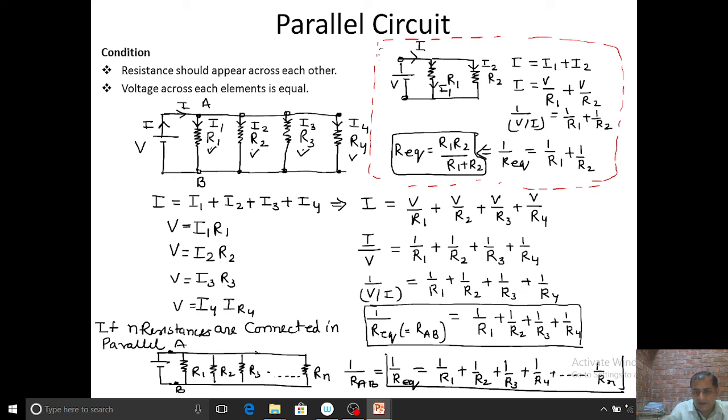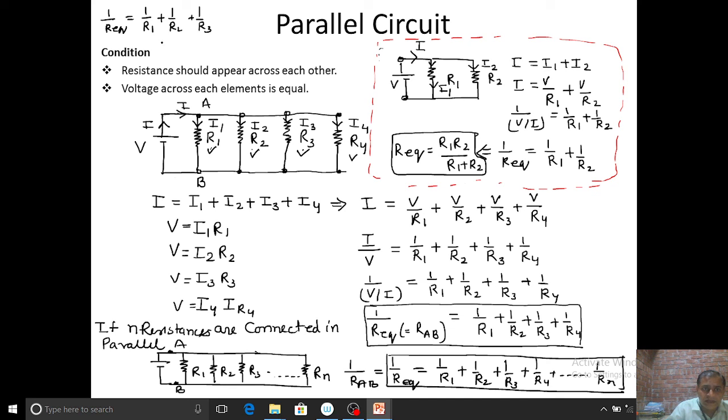If n resistors are connected in parallel, we can use this formula. If three resistors are connected in parallel, the formula is 1 upon R equivalent is equal to 1 upon R1 plus 1 upon R2 plus 1 upon R3.